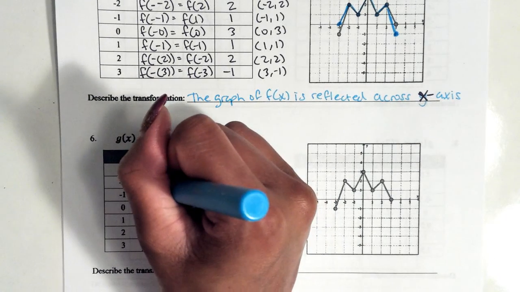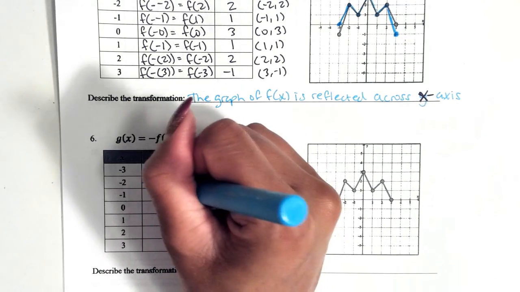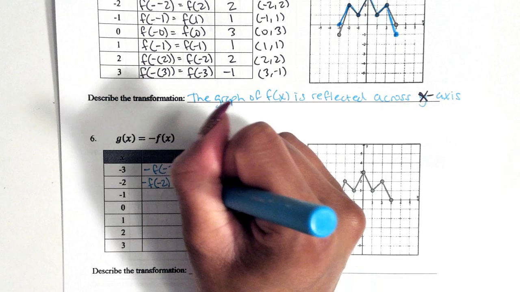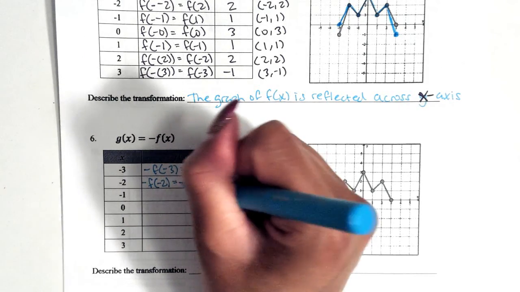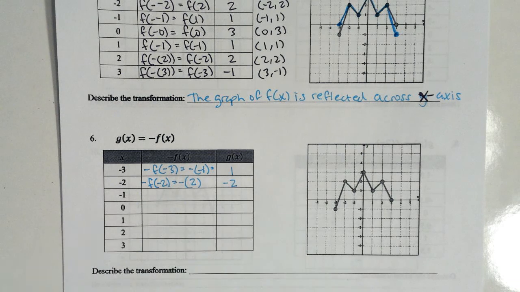So same with 2. So f of negative 2. We already know f of negative 2 is 2, but we need to make it negative, so we end up with negative 2. So then you'll do the same thing for this one as we did for the other, but there's going to be some sort of different reflection happening here. So take the time to hit pause and complete question number 6.